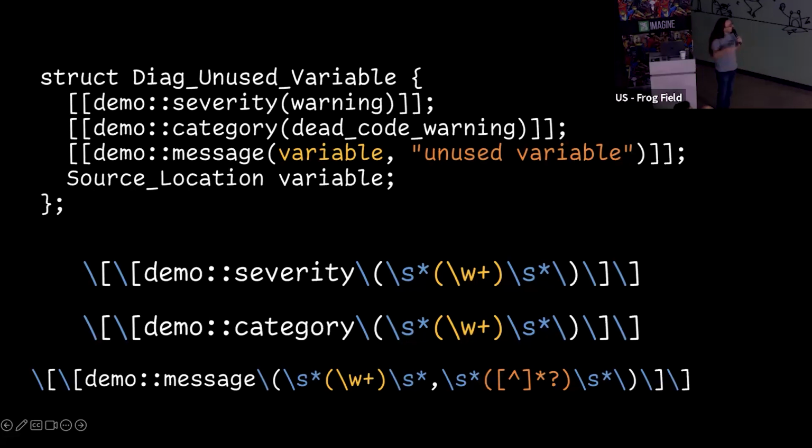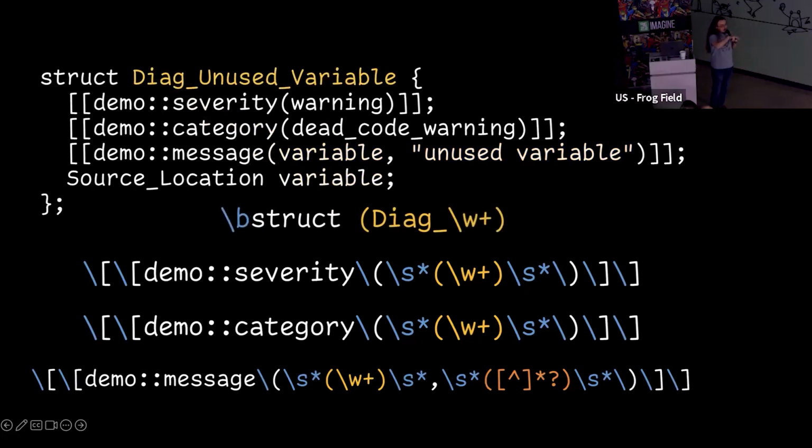And then now that we have the individual pieces of metadata, the problem is correlating that, because these are all a bunch of separate regexes. How do you match them to the diagnostic? Well, what you could do is do a regex for the diagnostic at the top, and then start your search for the severity, category, and message after the struct, and make sure you don't match the next struct if there's a typo.